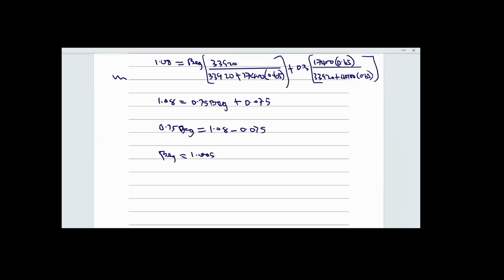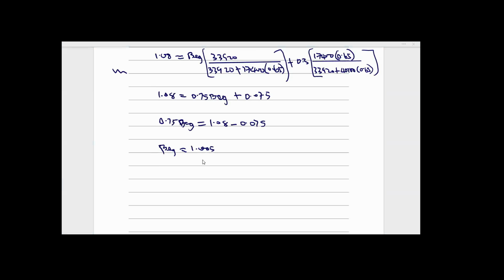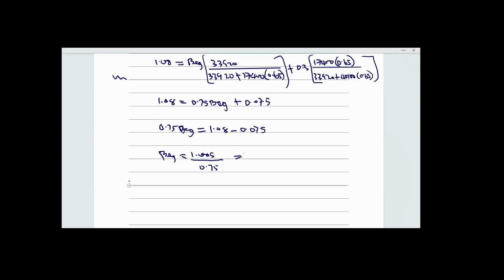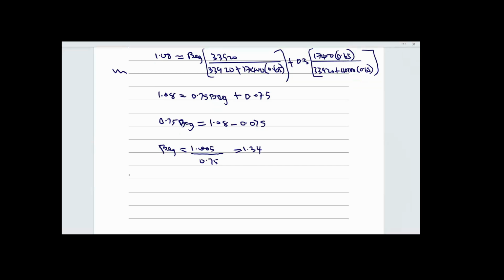Then divided by 0.75, what do we have here? 1.34. So that's the beta equity of ungeared of Kilimanjaro.